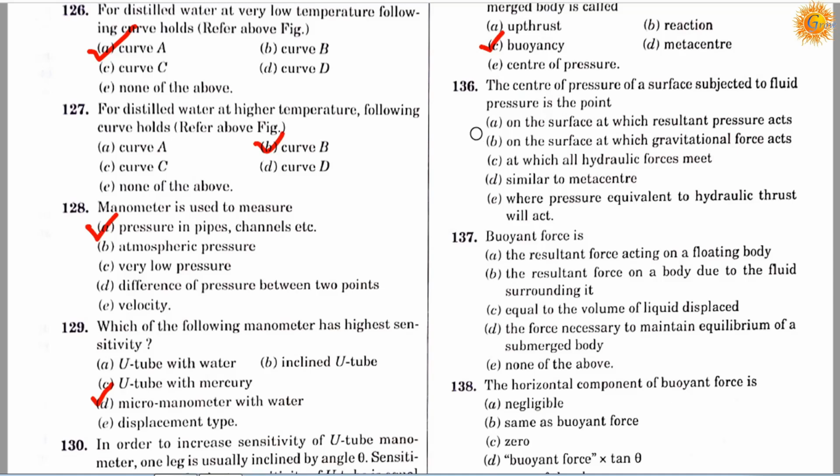So the correct answer is A, on the surface at which the resultant pressure acts.